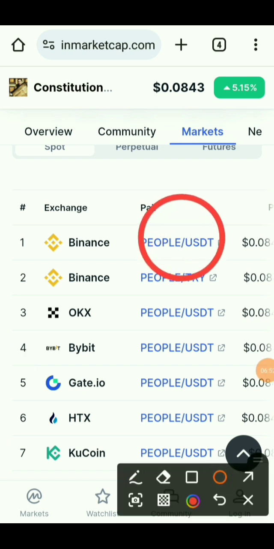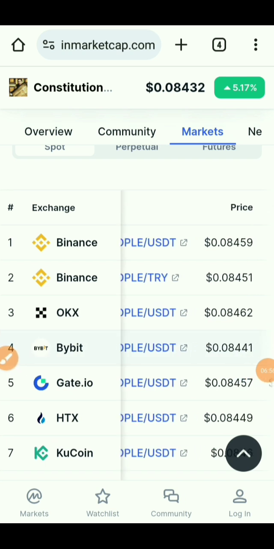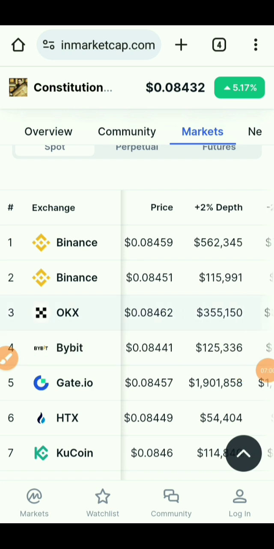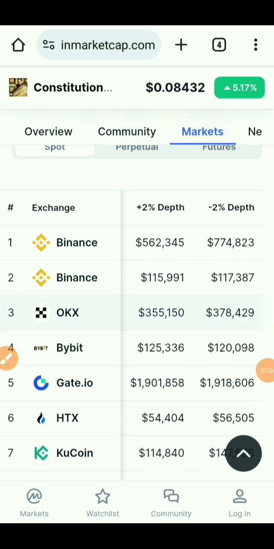So what we are going to do is slide this info to the left until we reach where it is written plus 2% depth and minus 2% depth. Plus 2% depth simply means the buyers, and minus 2% depth simply means the sellers.